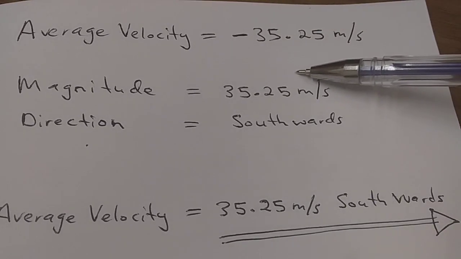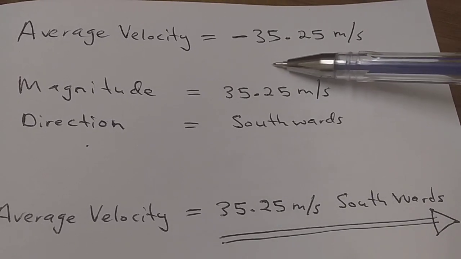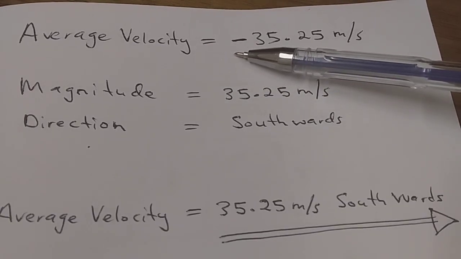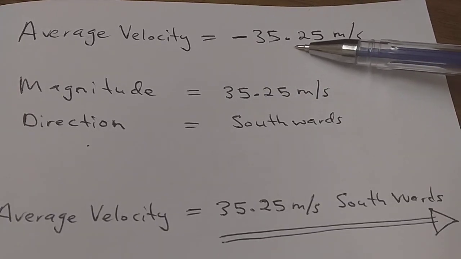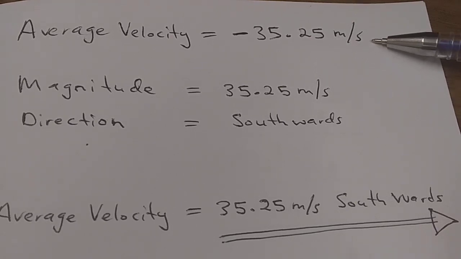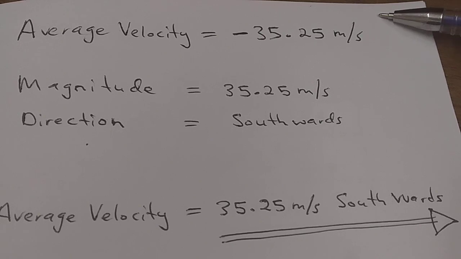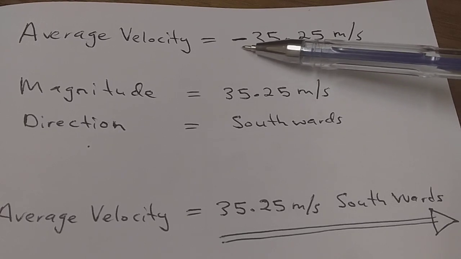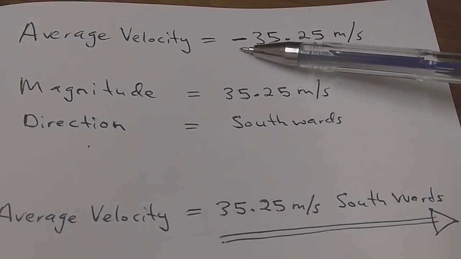All right, so just to interpret our answer, this is the average velocity for the entire trip, which is negative 35.25 meters per second, taking into account that upwards or north is positive. Which means we are going in the negative direction, which is southwards.